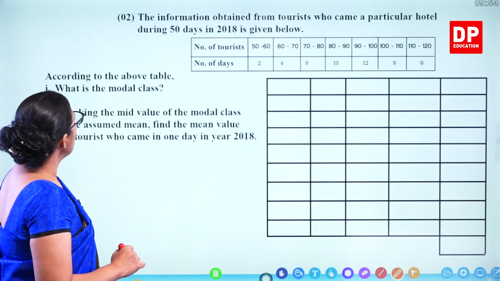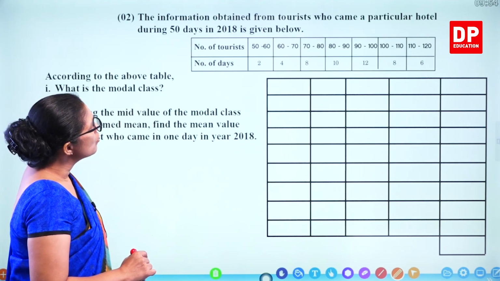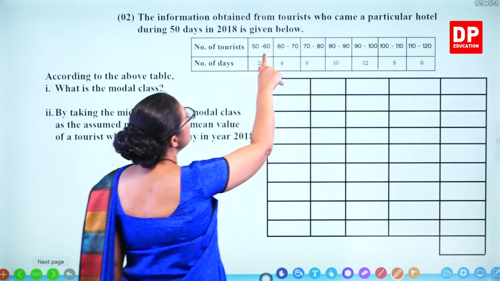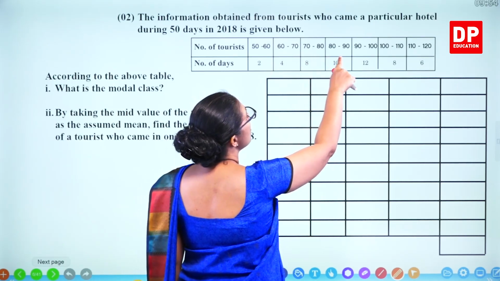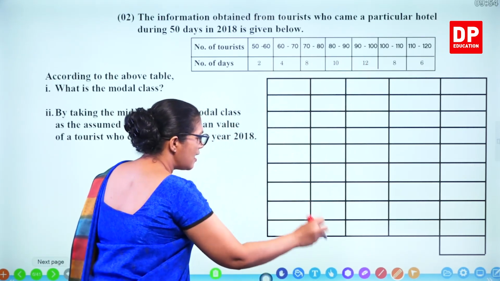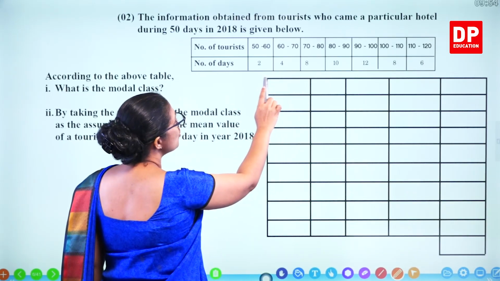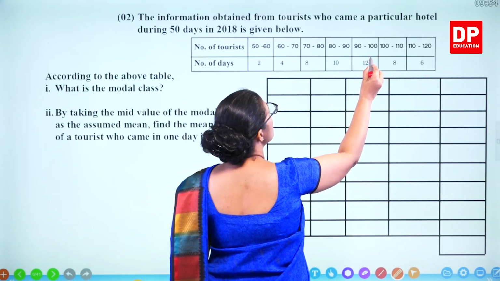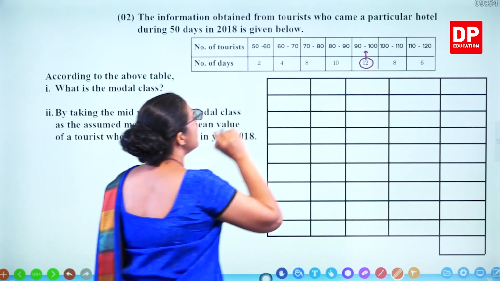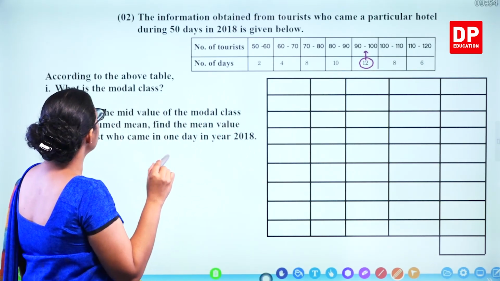According to the above table, what is the modal class? So check whether the class widths are the same. 10, 10, all are 10. So you can refer to the table straight away and see which one is the highest. So 12. So that means 90 to 100.